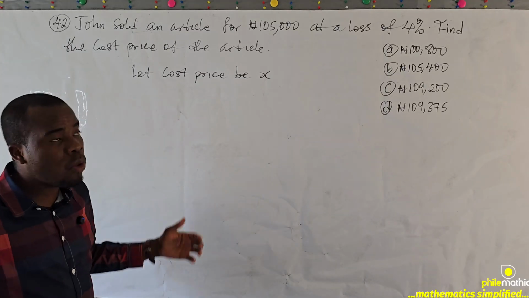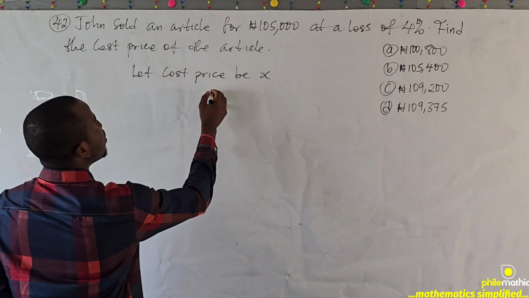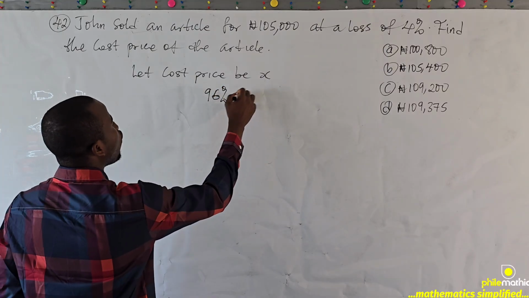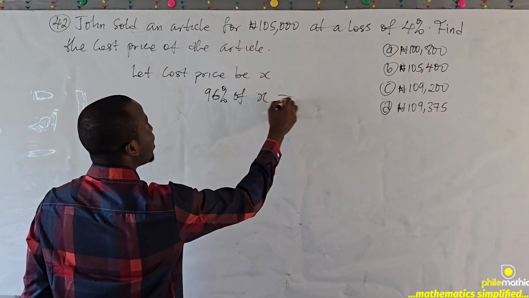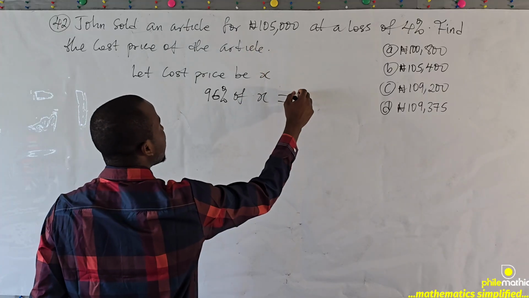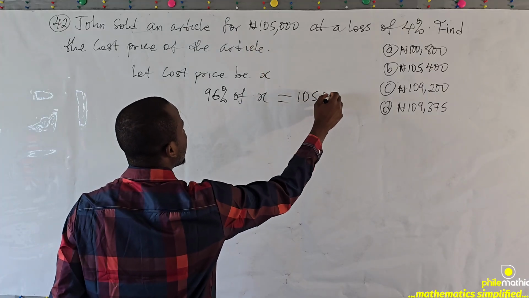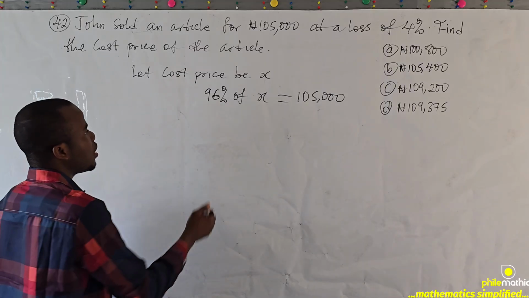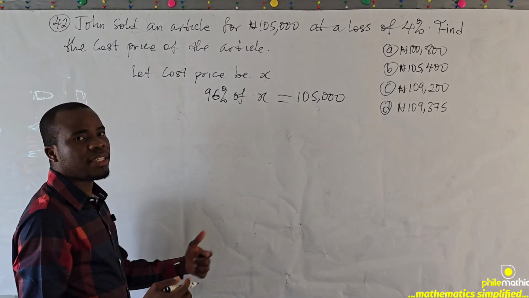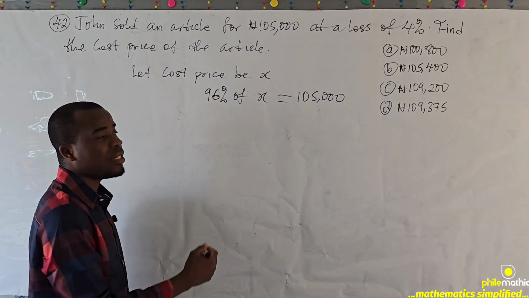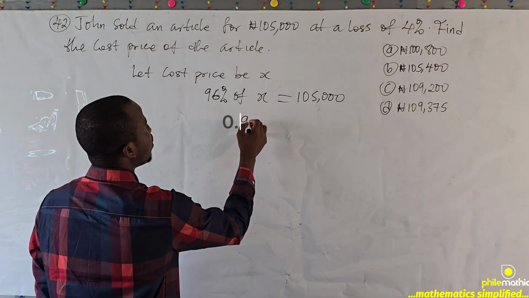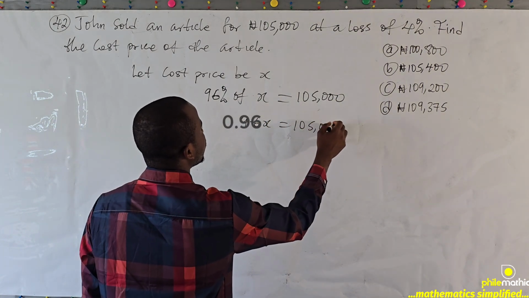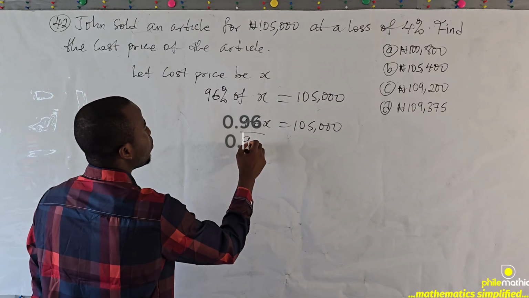So what we are simply looking for is 96% of our cost price X. That is what gives us this selling price, 105,000 naira. This is how you solve it. And then this is how you get what X is. 96% is 96 over 100, which is 0.96. So this is 0.96x equals 105,000. Divide both sides by 0.96.